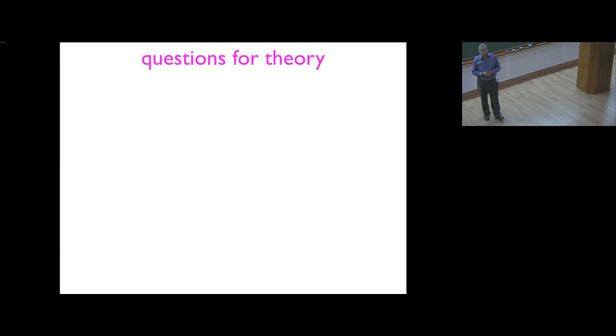Let's talk a little bit about what puzzle or puzzles it presents us with. So what questions can theory ask? Can somebody tell me, how many questions are there? Why?